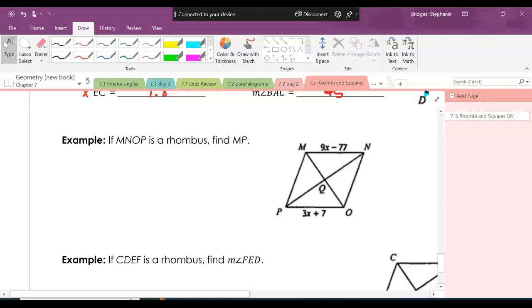So in a rhombus, all four sides are the same. If you can find X and then plug it back in, that'll give you what MP is.